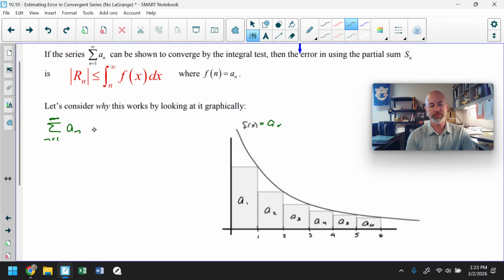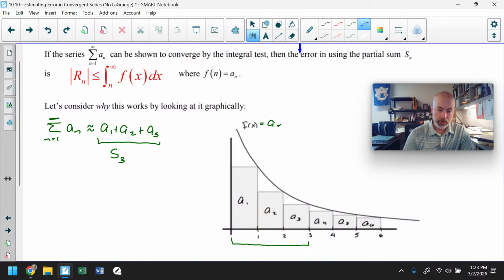I want to approximate that by adding only the first 3 terms, a1 plus a2 plus a3, using s sub 3. I've illustrated this with a right-hand Riemann sum, where I just found the sum of the first 3 terms to approximate everything.